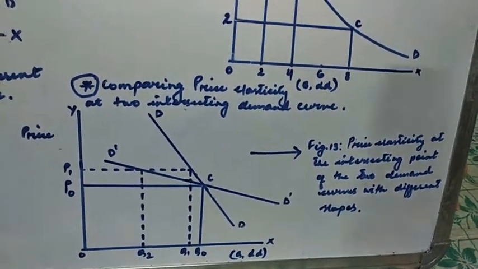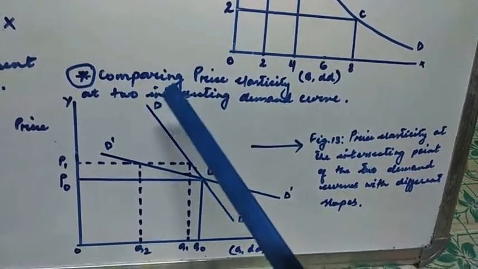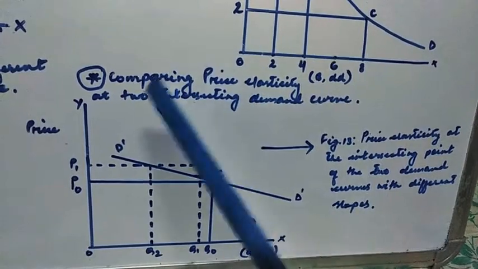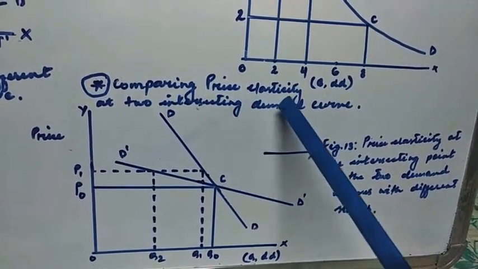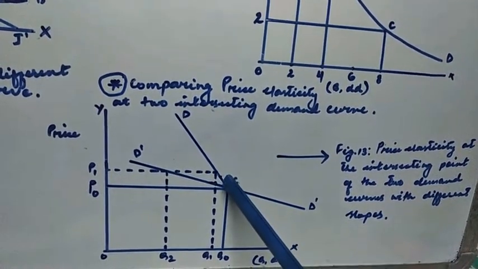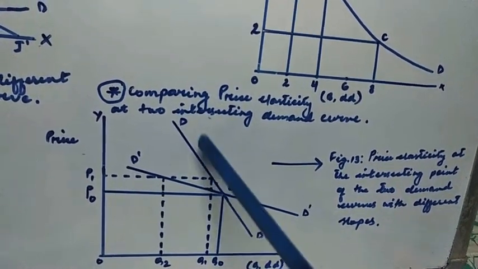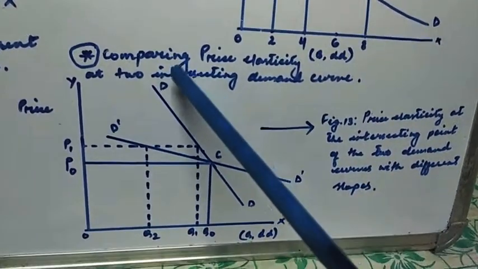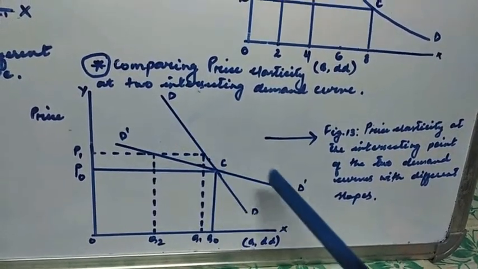So the last case that we have to discuss is comparing price elasticity at two intersecting demand curves. What happens to price elasticity at the point of intersection of two demand curves in the diagram, that is DD and D dash D dash?